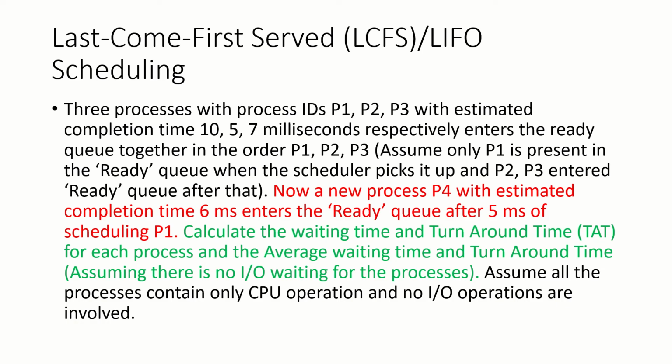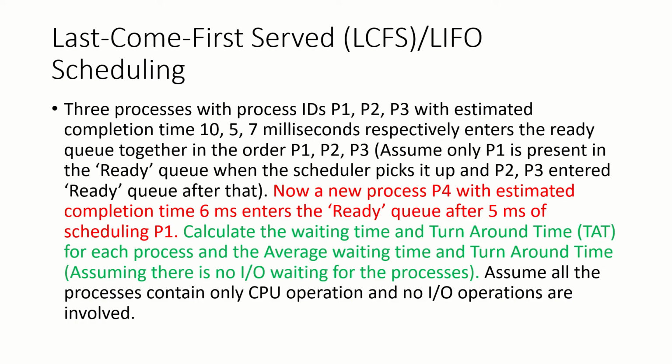In the bracket they have given an instruction: assume only P1 is present in the ready queue when the scheduler picks it up, and P2 and P3 enter the ready queue after that.